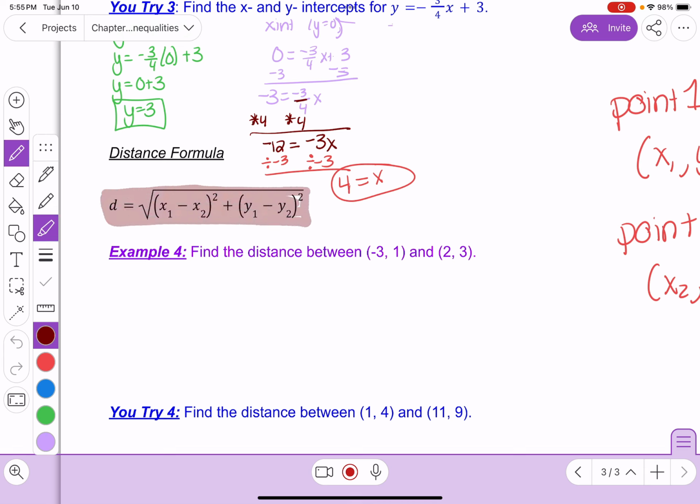It's very similar to the slope formula, except instead of making a fraction, we subtract the x's and the y's, square them, and add them together. So there's that formula.